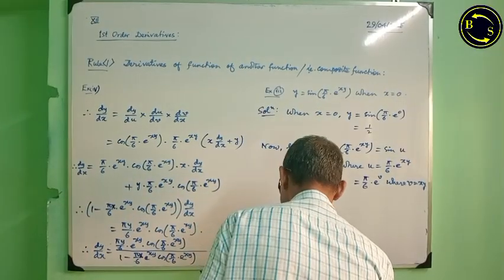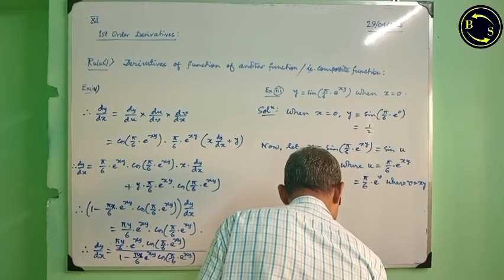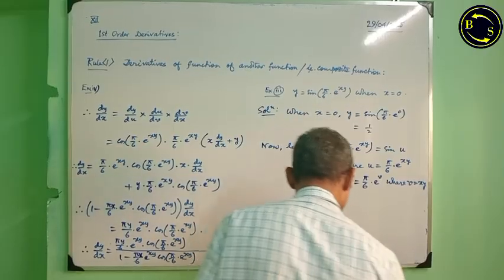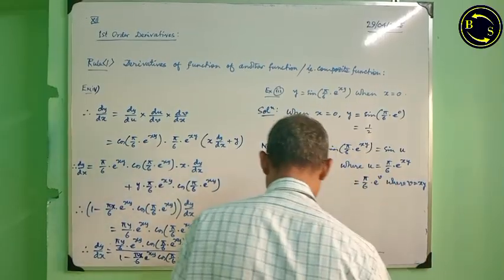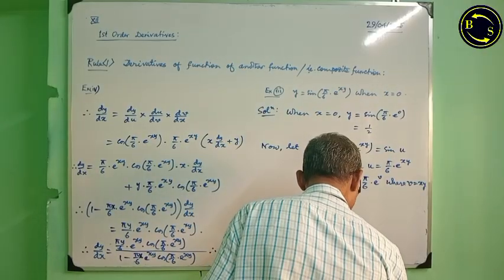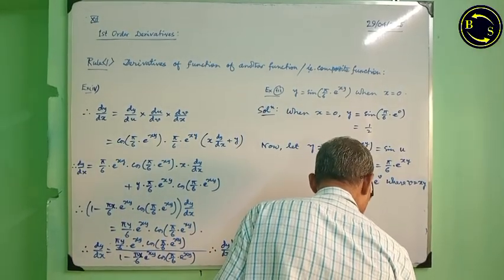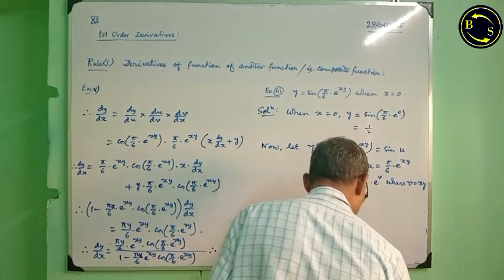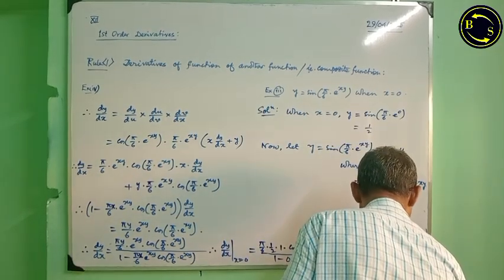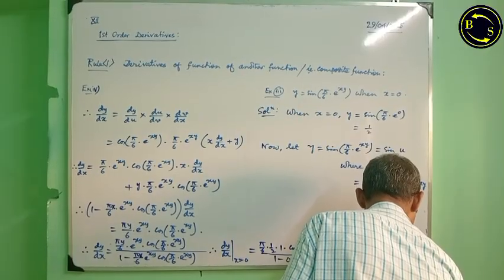Finally, dy by dx is equal to pi by 12 into root 3 by 2 by 1, that is root 3 into pi by 24.